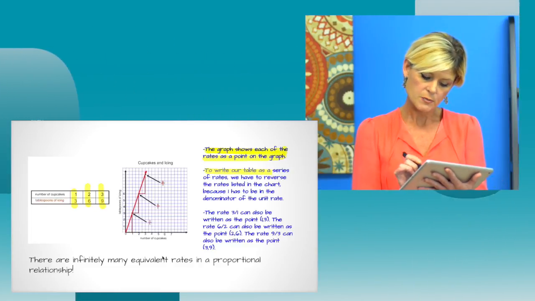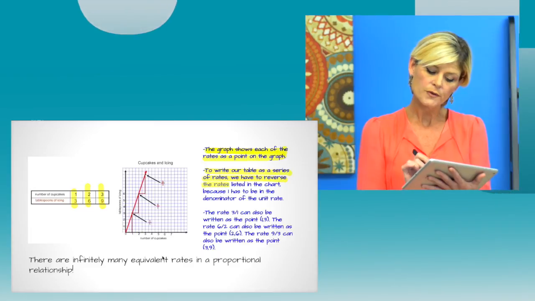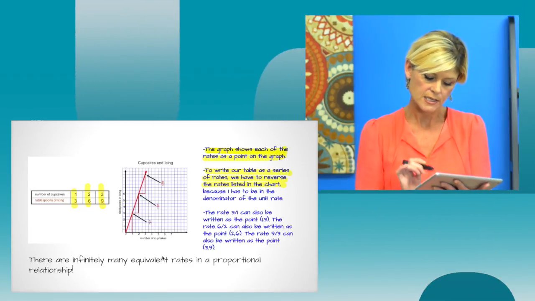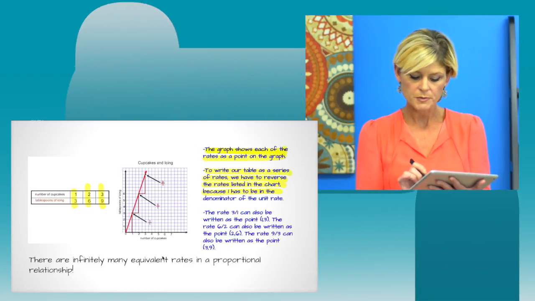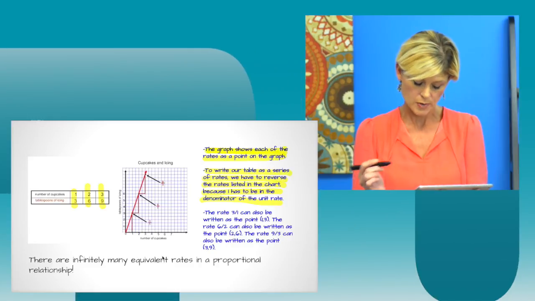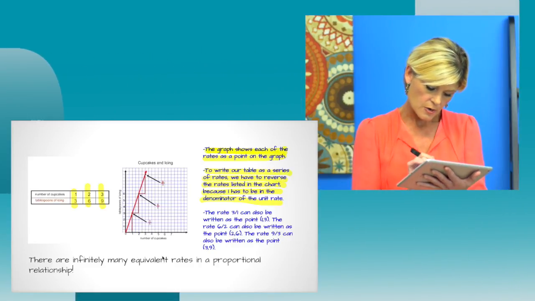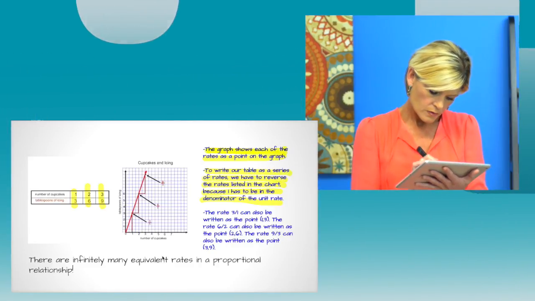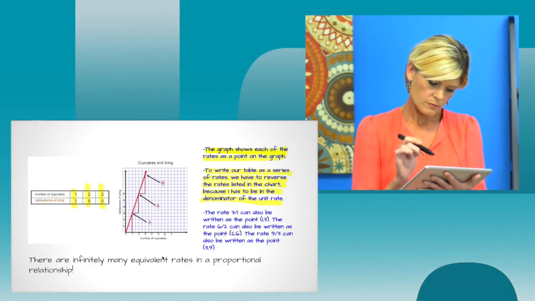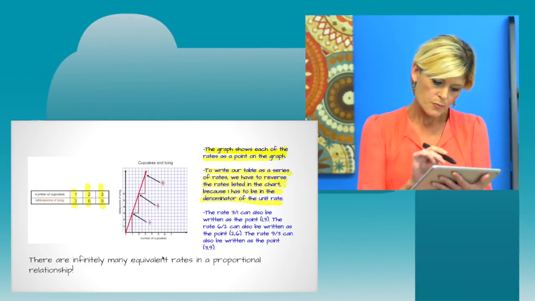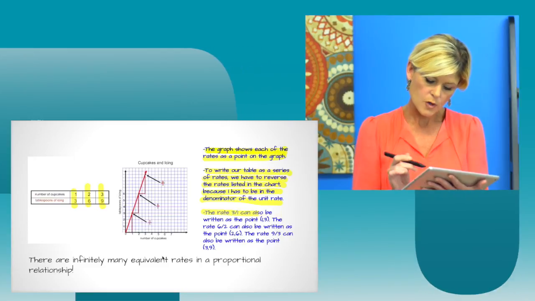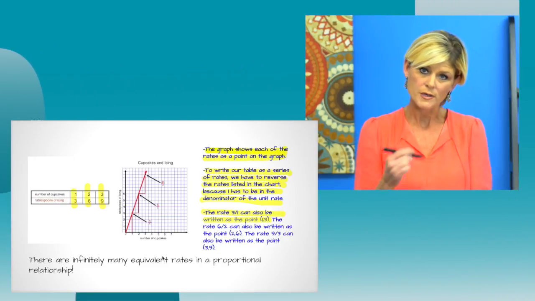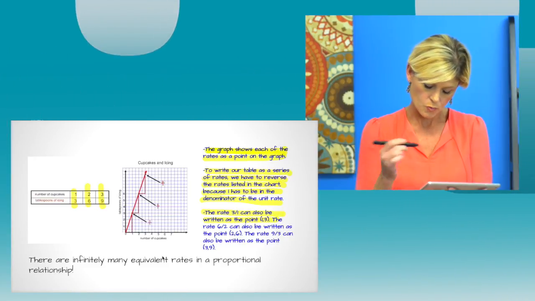To write our table as a series of rates, we have to reverse the rates listed in the chart because one has to be the denominator of the unit rate. Also, the rate 3 over 1 or 3 to 1 can be written as the point 1 to 3 or 1 and 3.